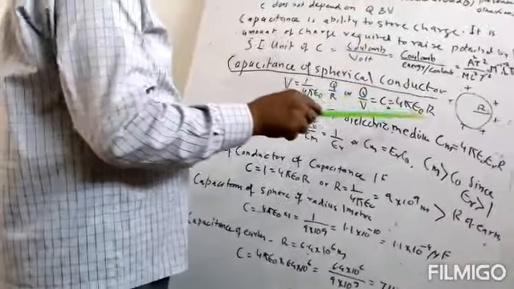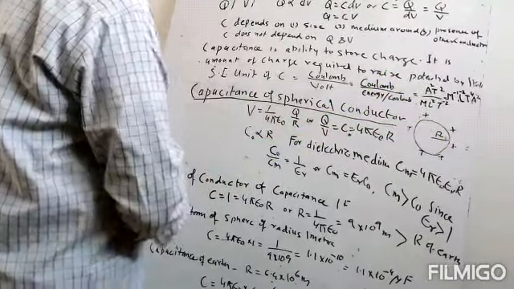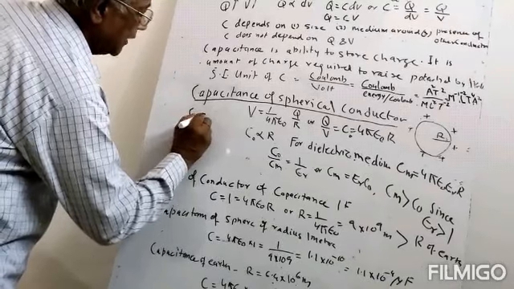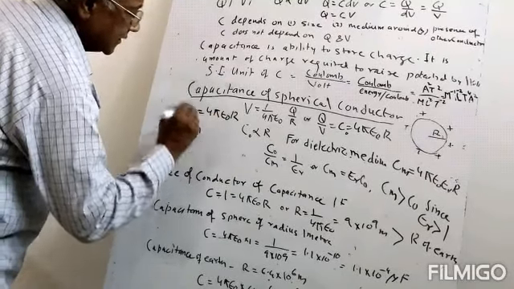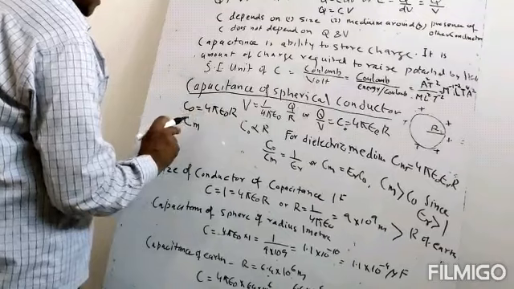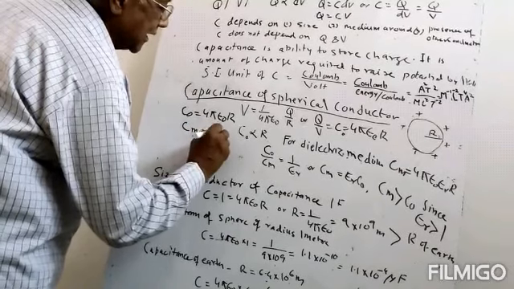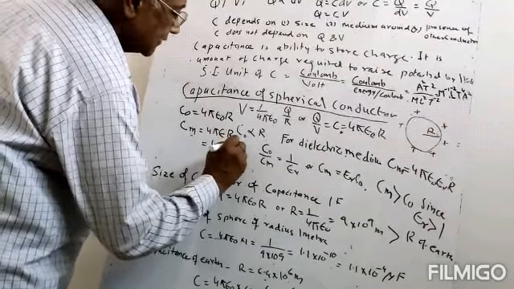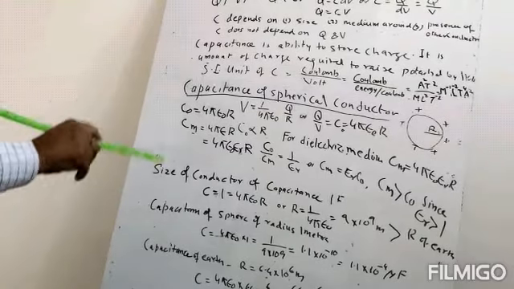Now, if the outside medium is air, then the capacitance is C0, and C0 will be equal to 4 pi epsilon 0 into R. If the medium is other than air or vacuum, then the capacitance of the conductor in this medium will be equal to 4 pi epsilon into R, or 4 pi epsilon 0 epsilon R into capital R, where epsilon R is the dielectric constant or relative permittivity.